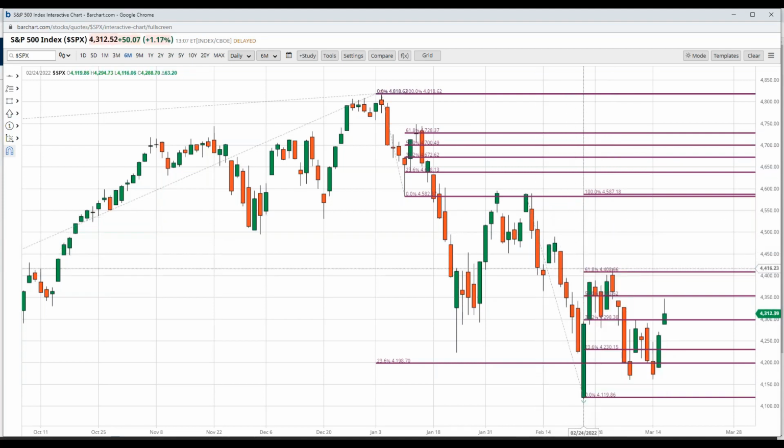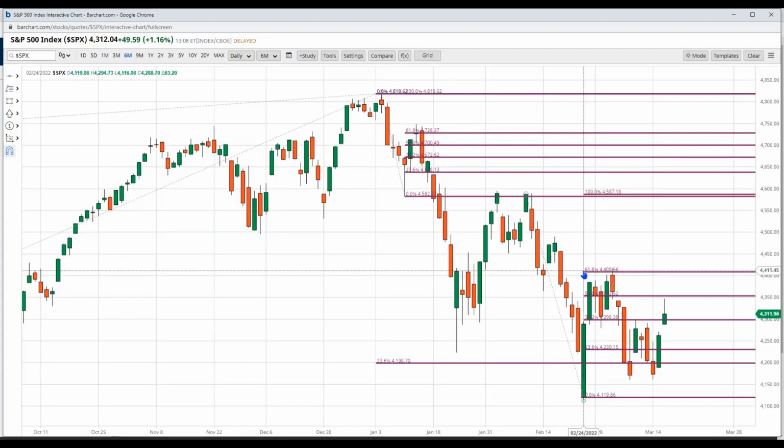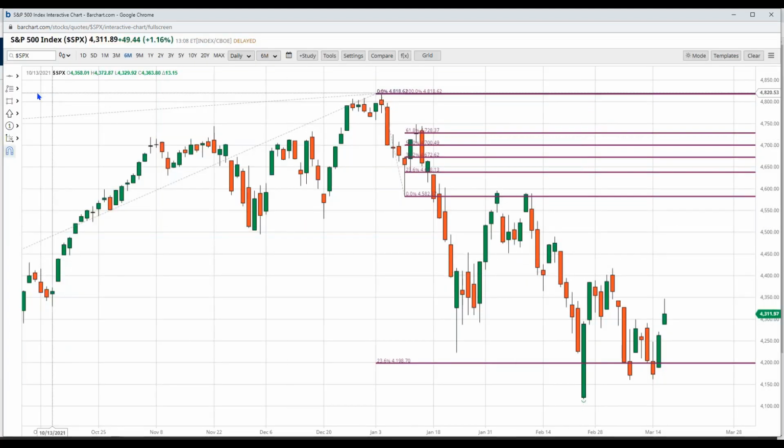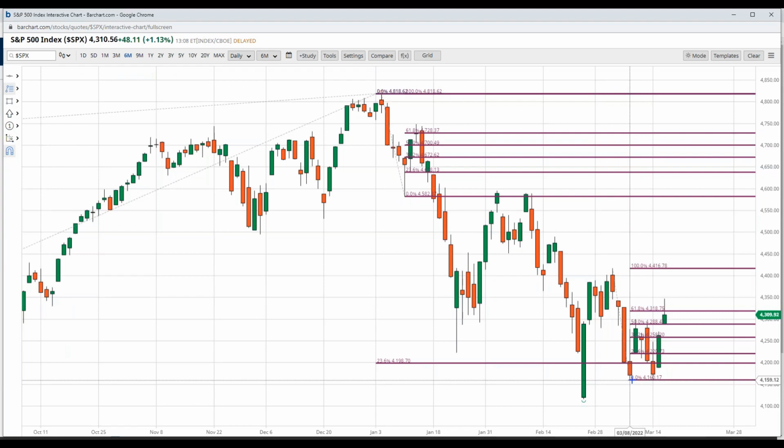There we go. And let's look at our last leg. And you can see that today we captured that 61% level, and now we're just a little bit back below it. So is this a correction of this leg?